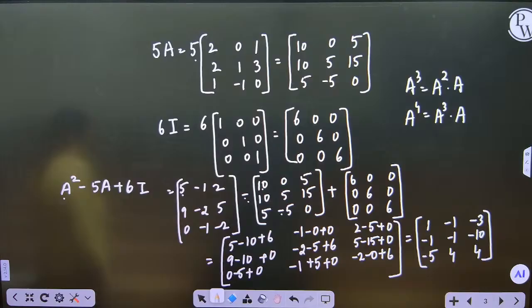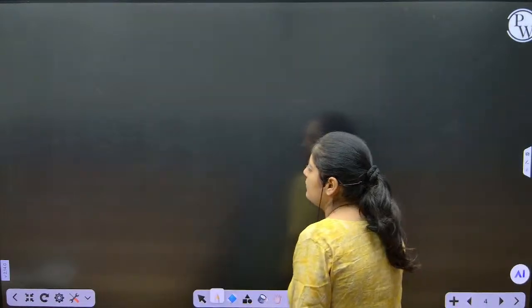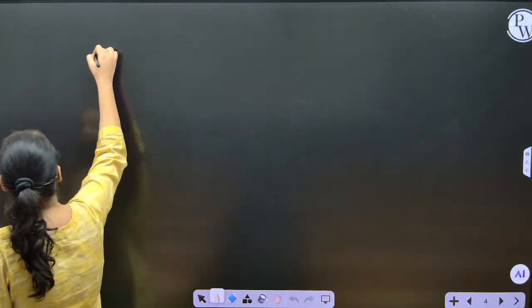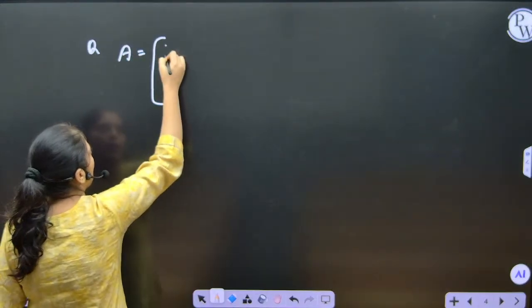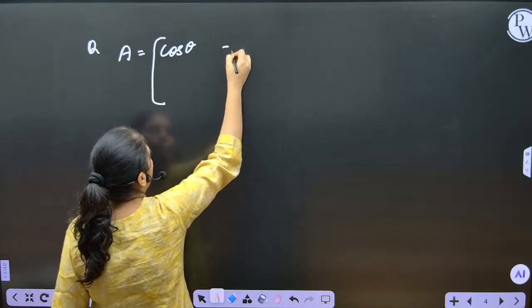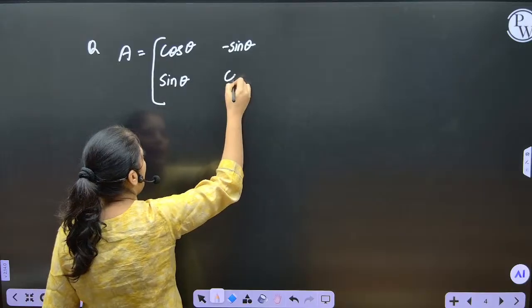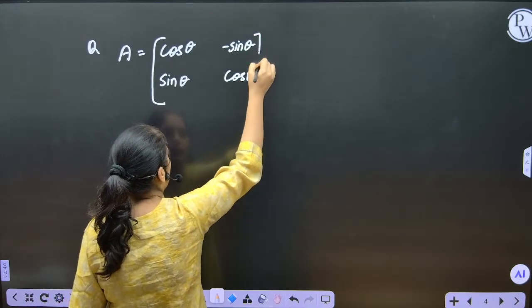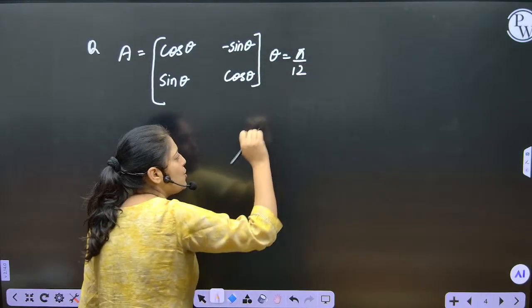Shall I move to the next question? The next question is a very interesting one. The question is, if matrix A is given as cos theta, minus sin theta, sin theta and cos theta, where theta is pi by 12.